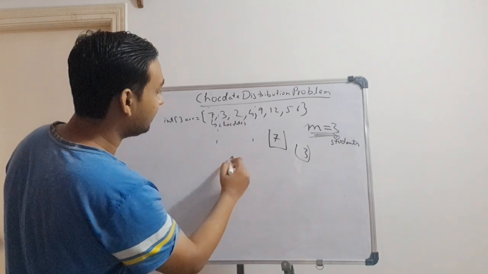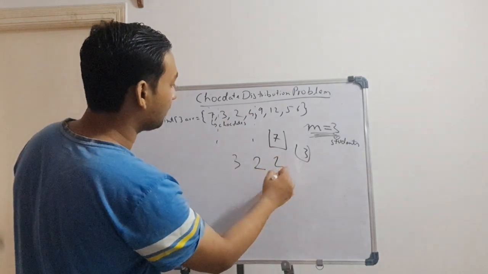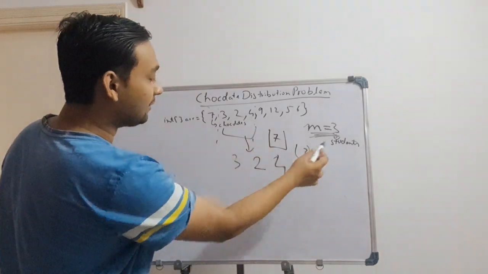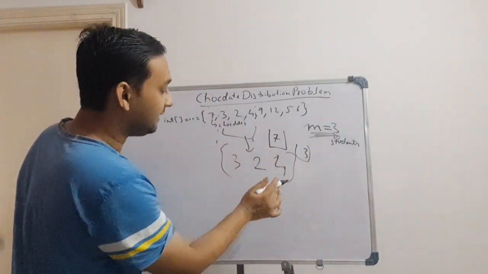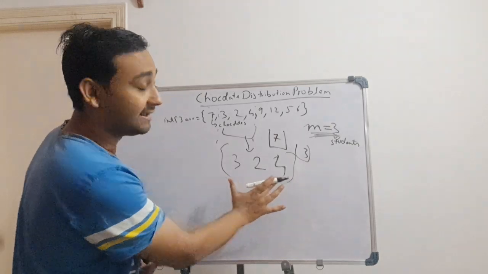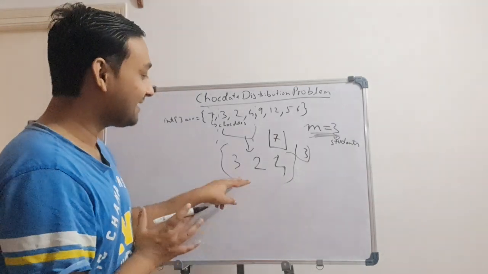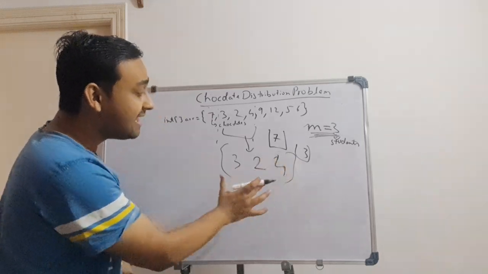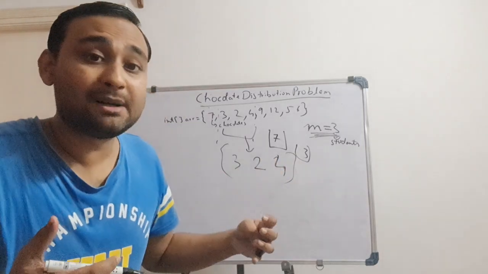If I take these 3, 2, 4, I am considering only these 3, so m equal to 3. That's why I have taken a window of 3 chocolates. You are understanding it, right? Now we have to find the minimum difference between the maximum and the minimum.